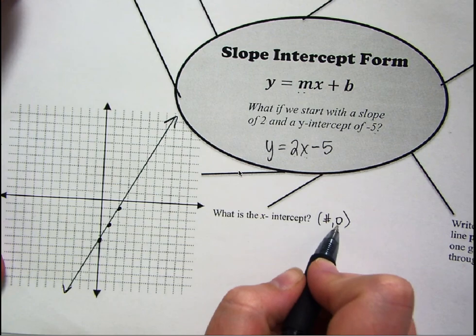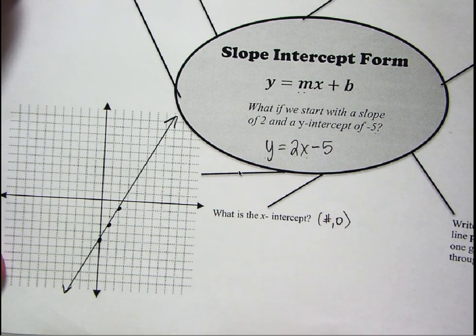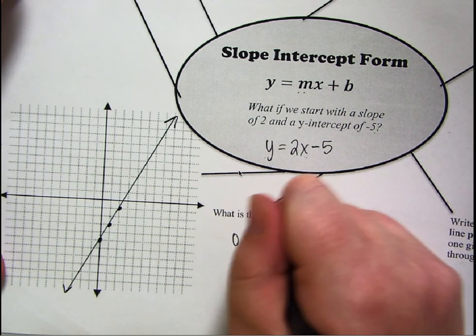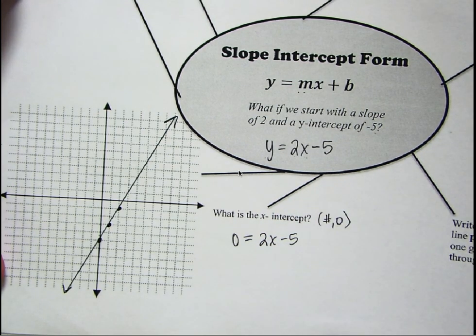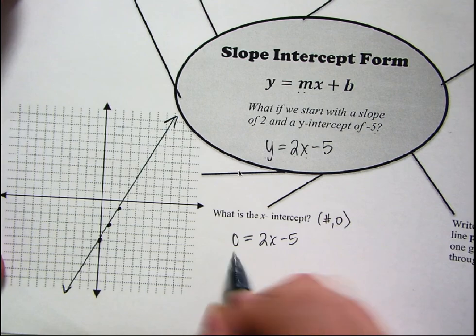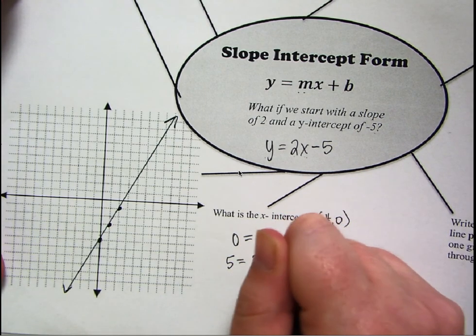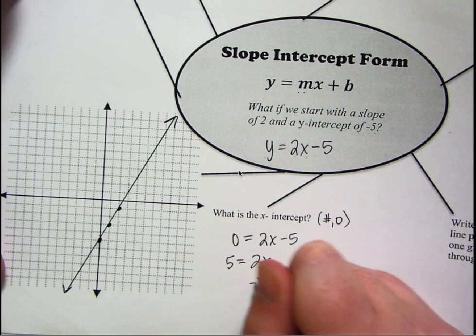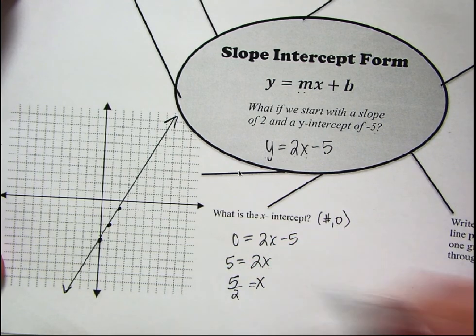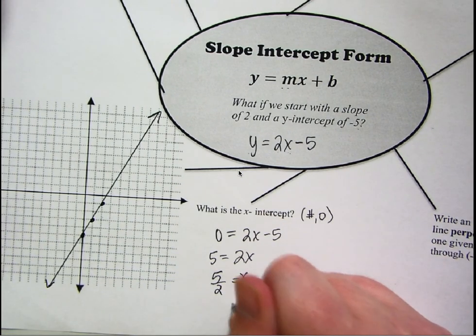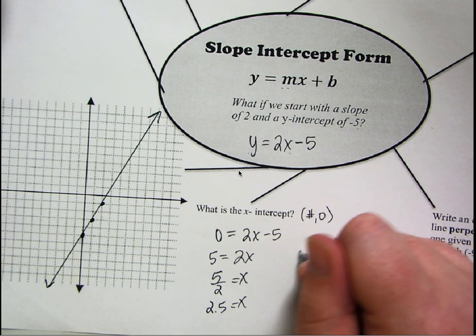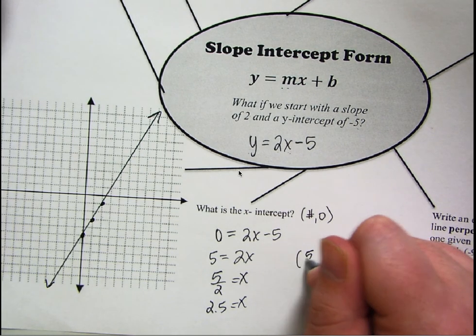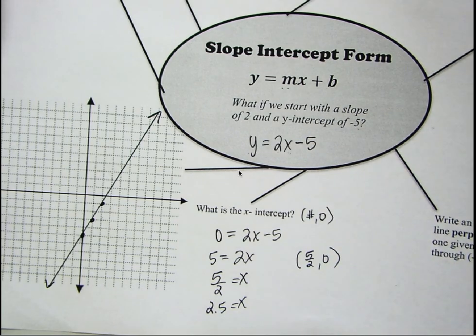So we're going to plug 0 in for y and solve for x. 0 = 2x - 5. Add 5 and divide by 2. x is 5 halves, or you can think about it as 2.5 as well. Okay, so our x-intercept is the ordered pair (5/2, 0).